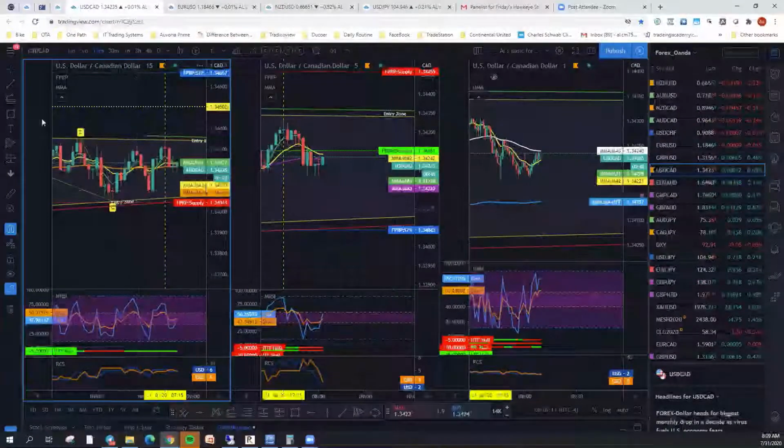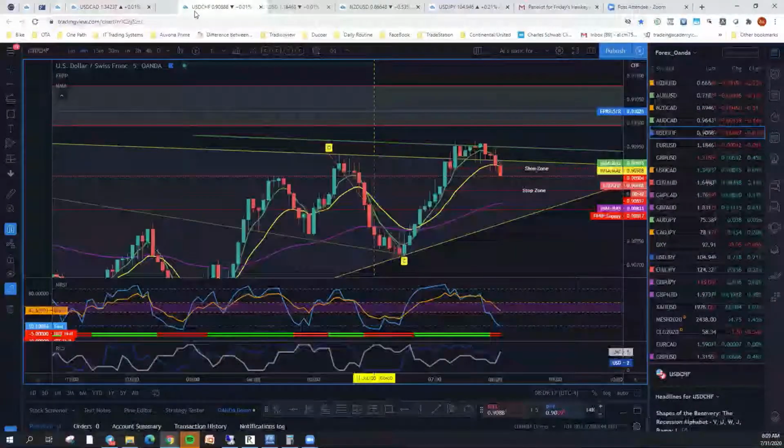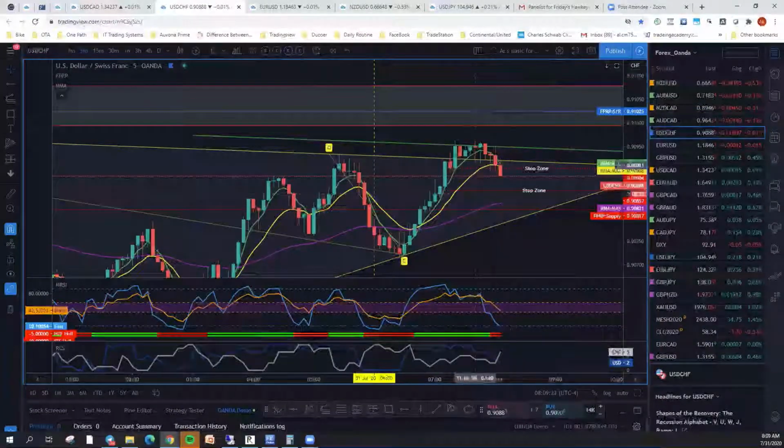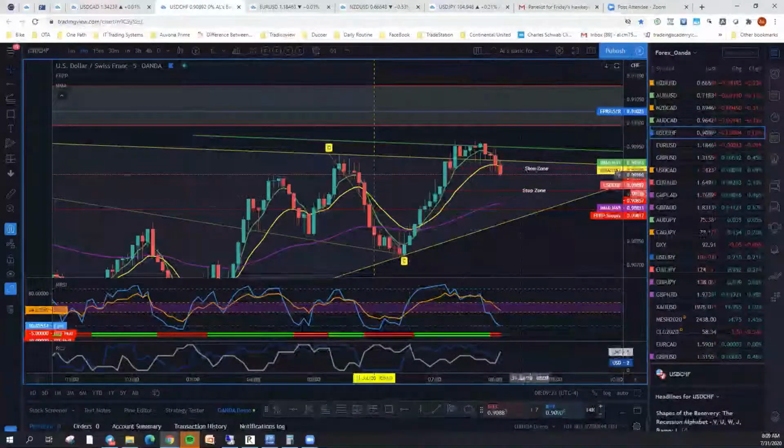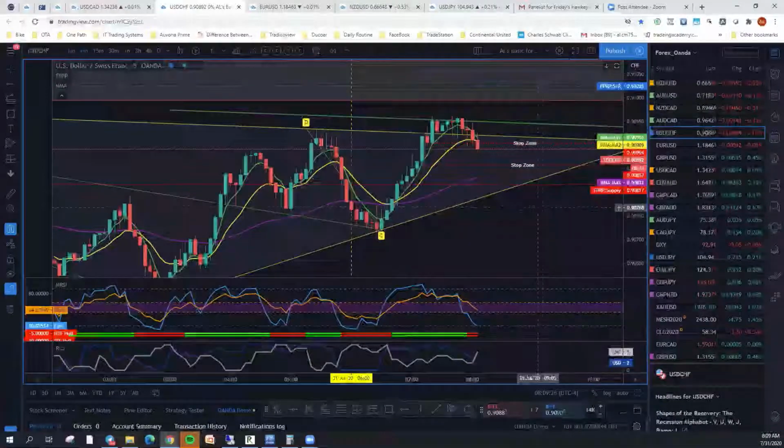So we have our Swiss trade, which is still kind of fighting. There's not a lot of movement on this one.